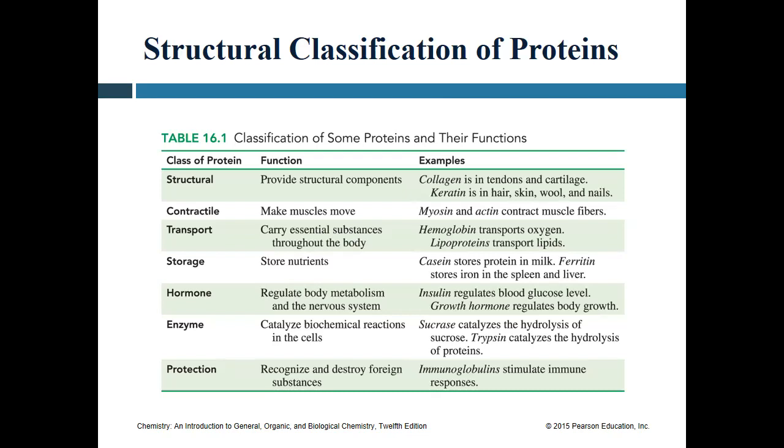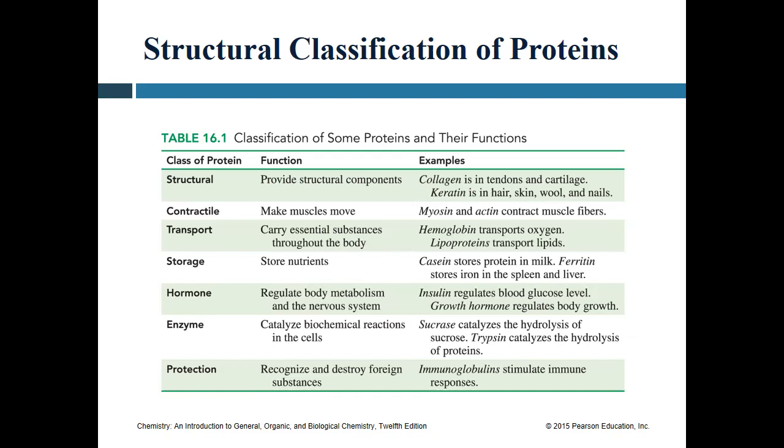So in total, there are a number of different ways we can classify. We've already talked about the idea of structural proteins. We've talked about muscle fibers. We've talked about the idea of transport, both in hemoglobin, but also with the lipoproteins that we talked about in the lipids chapter. There are storage proteins, things like casein.